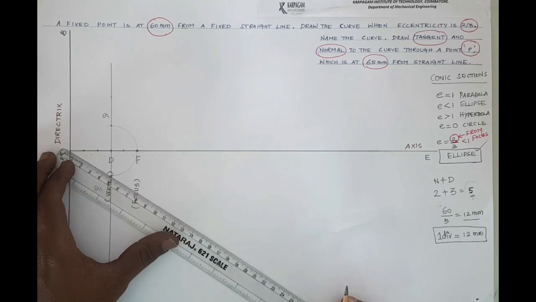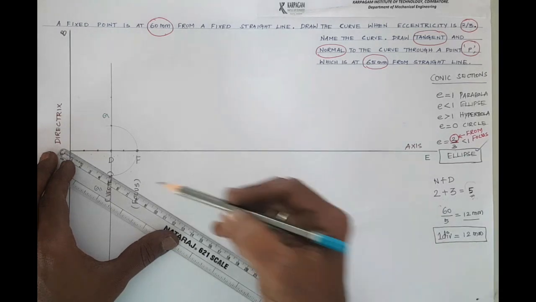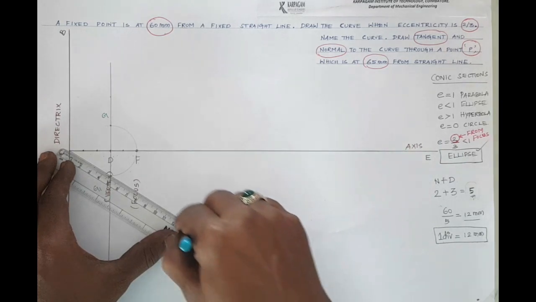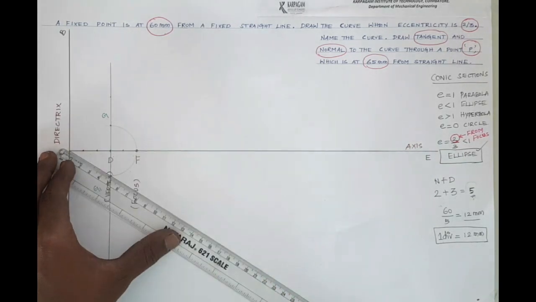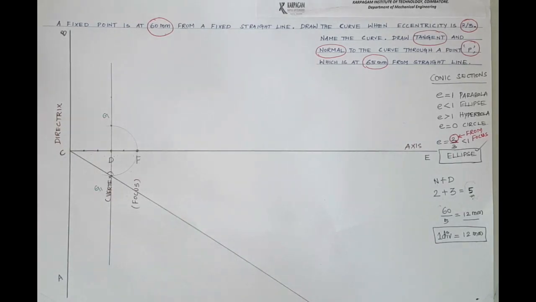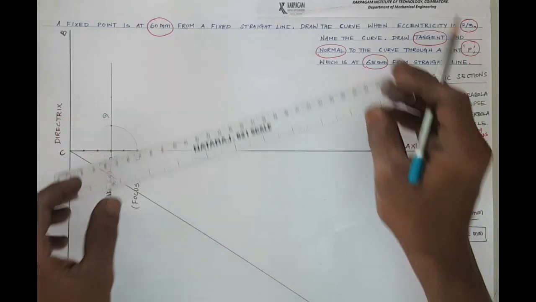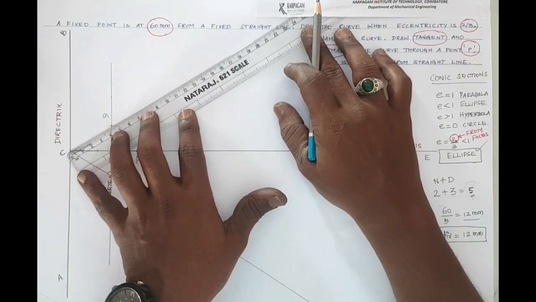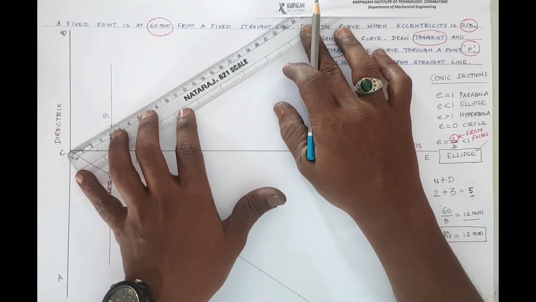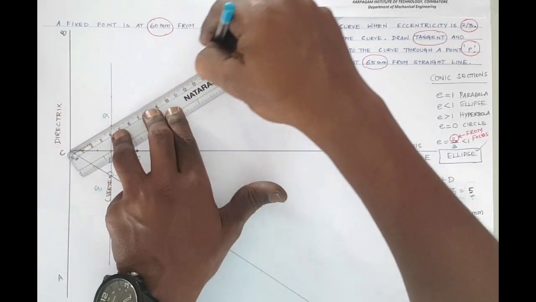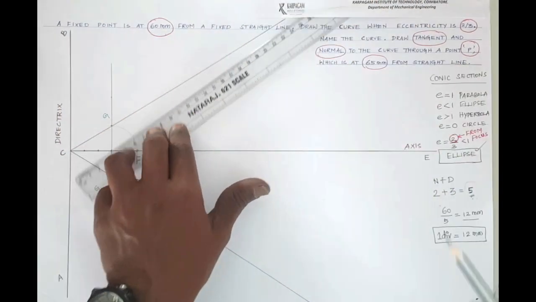Use your scale and join capital C and G1 and extend the line up to the whole length of your paper. Then next, in the same way, join capital C and capital G and extend to the whole length of the paper.